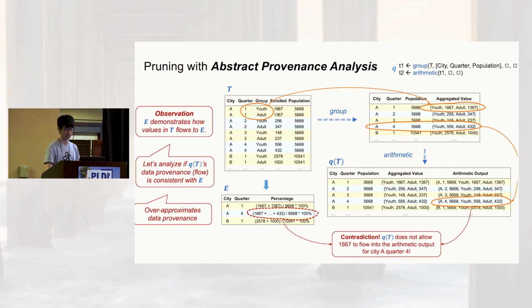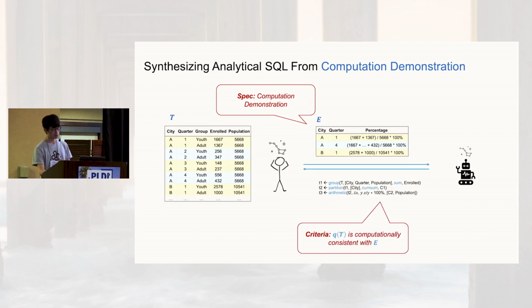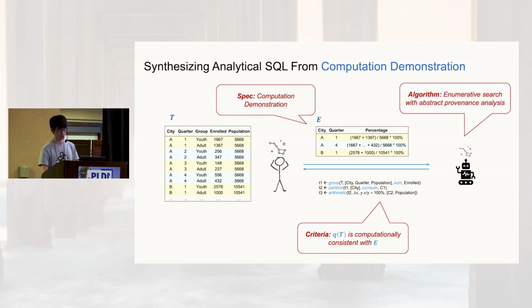So we can prune it away. So now if we plug this in, we're able to solve this synthesis problem. Basically, given the input table, the user-specified computation demonstration, and our criteria, find a Q that is computationally consistent, and the algorithm is to do numeric search with abstract analysis to prune.